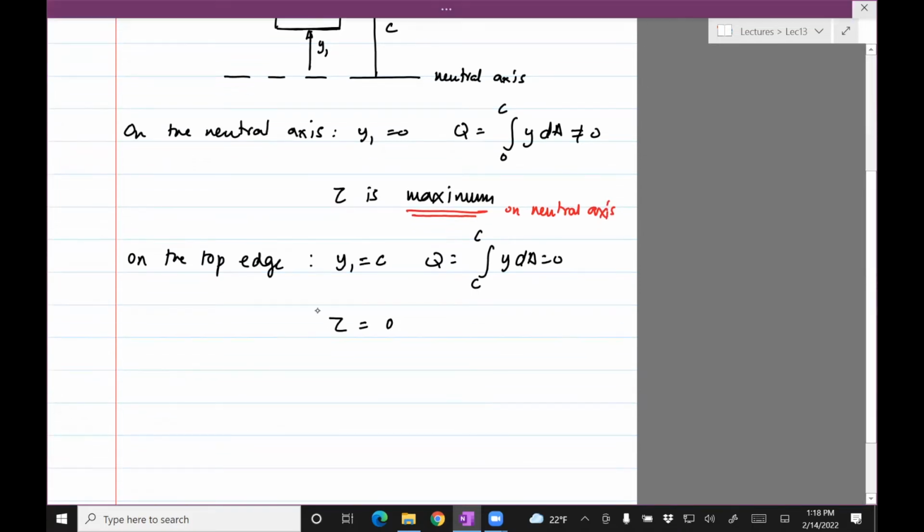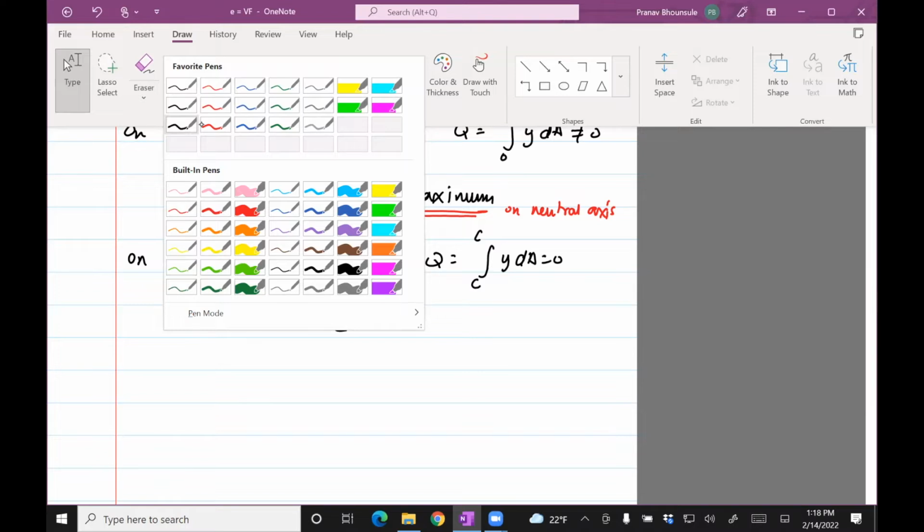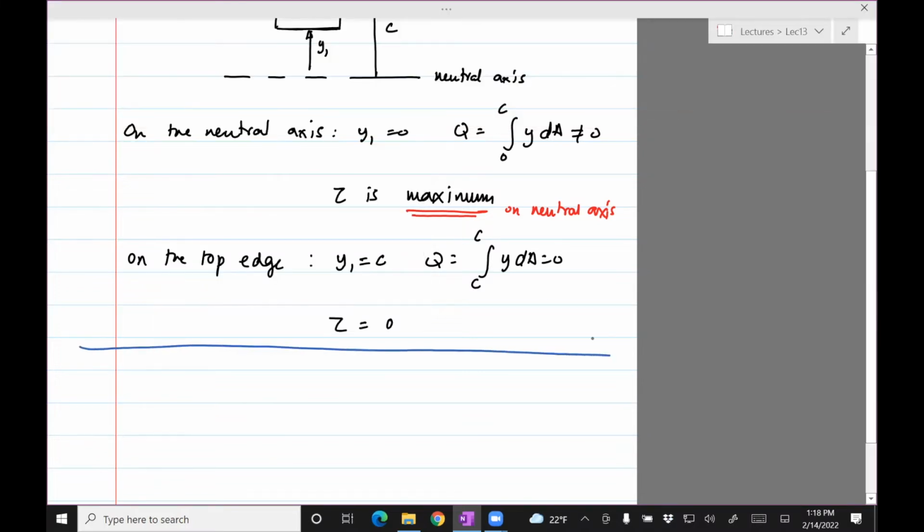Okay, this is exactly opposite to what we've seen for bending moment M, normal stress.